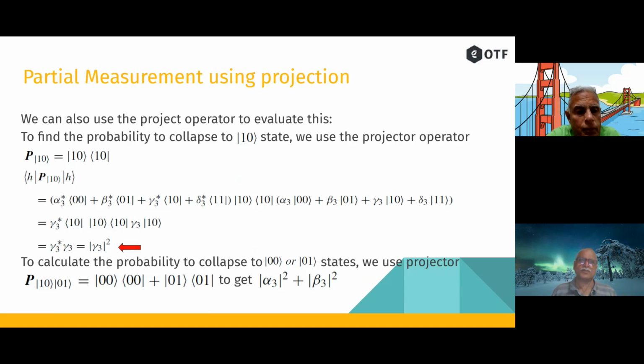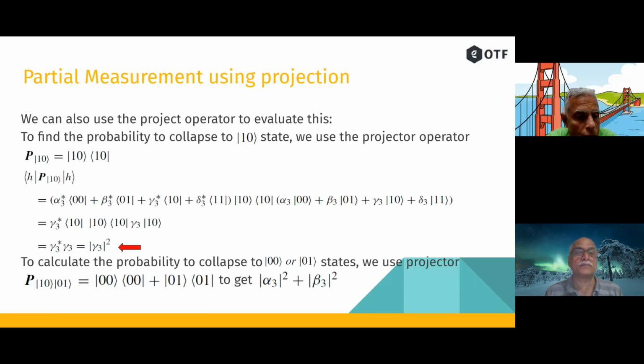Remember, we spoke about the projection operation also sometime earlier, wherein we said that if I have one vector in one space and another vector in another space, using the projection operator, I can have, let's say, bra v1 projection ket v2. That will give me a mechanism wherein the first vector in the first space can be projected onto the second space. Right? So this is what we have identified.